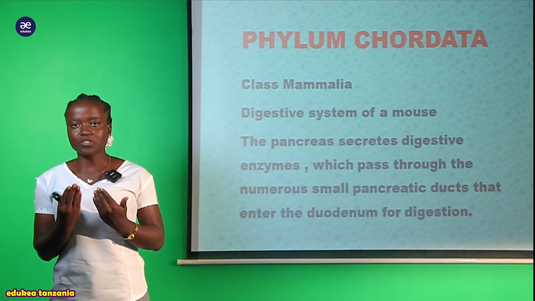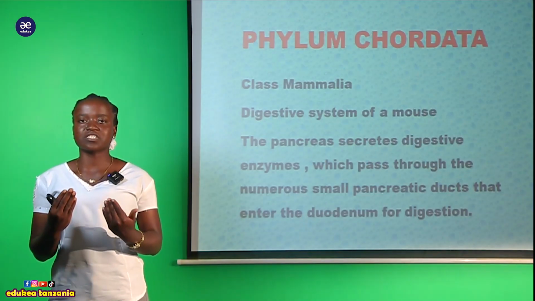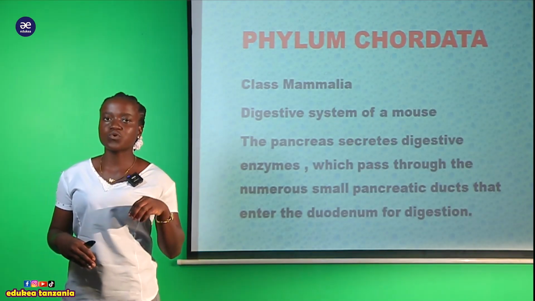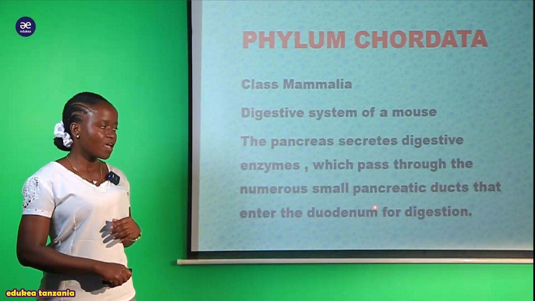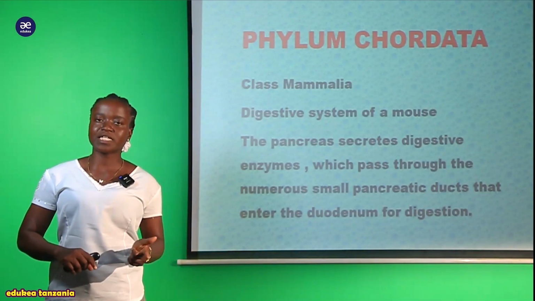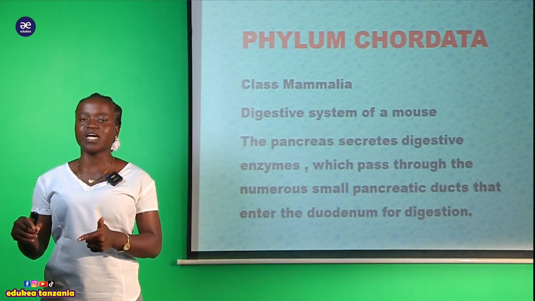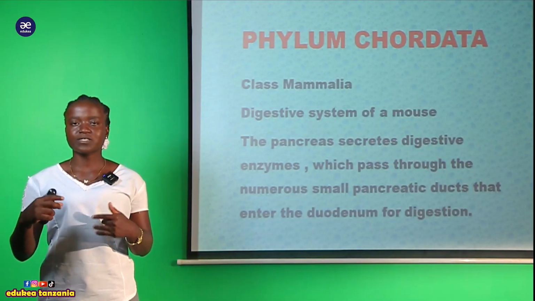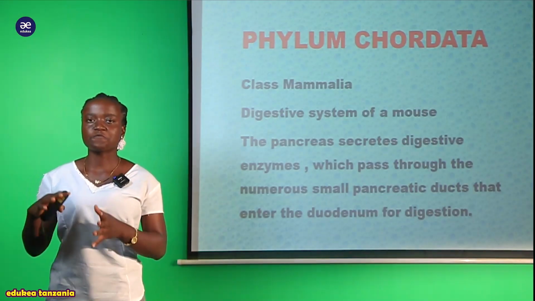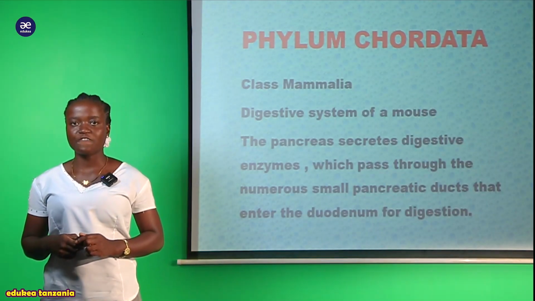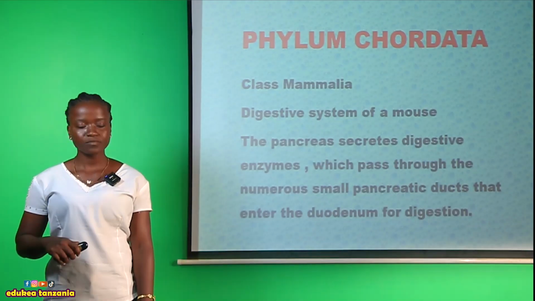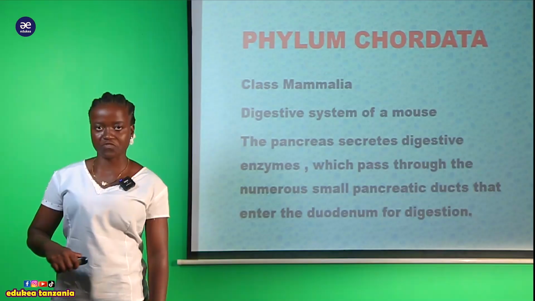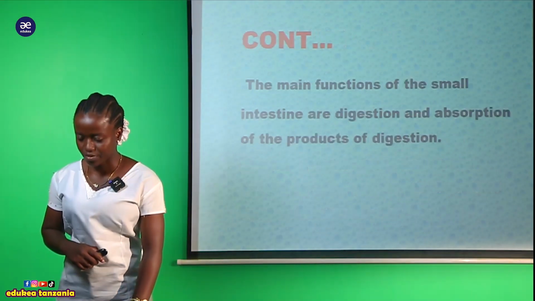Those contents containing digestive enzymes pass through a small structure which is called the pancreatic duct. This pancreatic duct is the one that releases its content within the duodenum for neutralization of the food, and thereafter for more digestion of the food. So that is the pancreas which is found within the mouse.